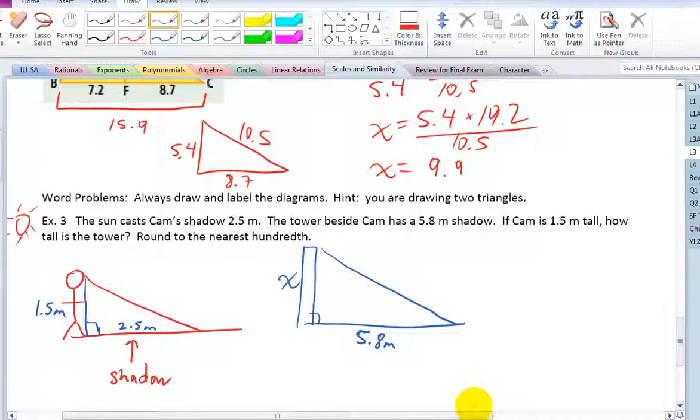So, let's start with, here we only have 2 fractions. If we have x, what goes underneath x? Okay, what other number goes with x over here? 5.8. And what number lines up underneath 5.8? Solve for x. Go.